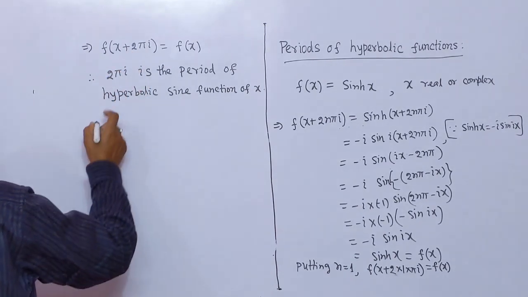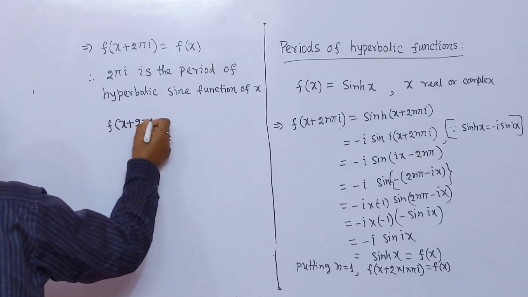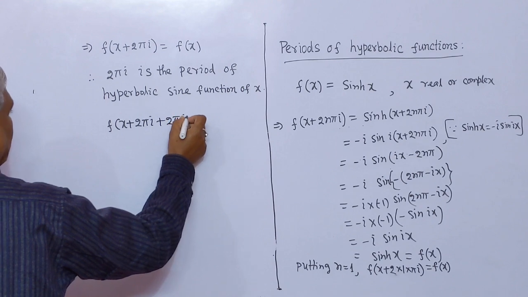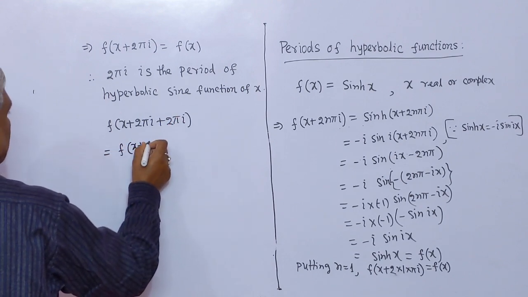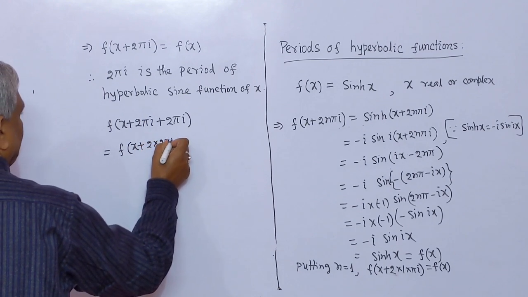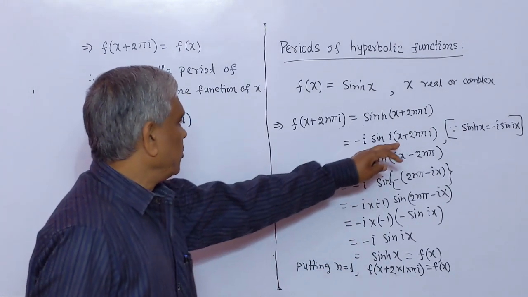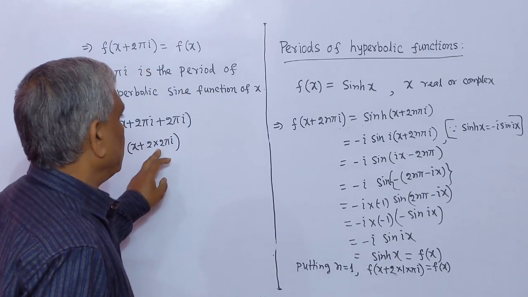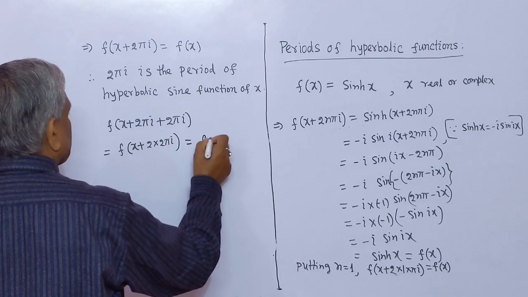Again, if we repeat this, f(x plus 2 pi i plus 2 pi i), we get f(x plus 2 multiplied by 2 pi i). Here in place of n we may write 2, so this will also be equal to f(x).